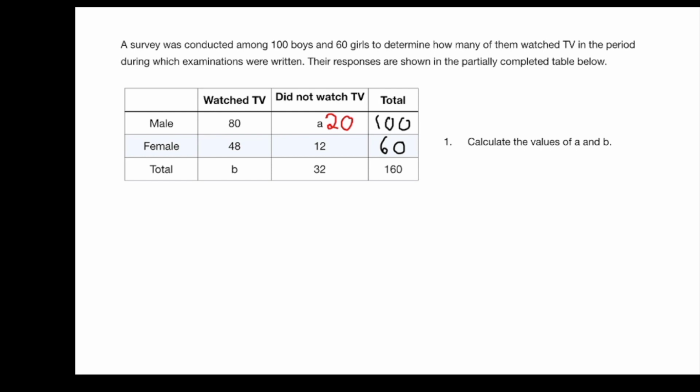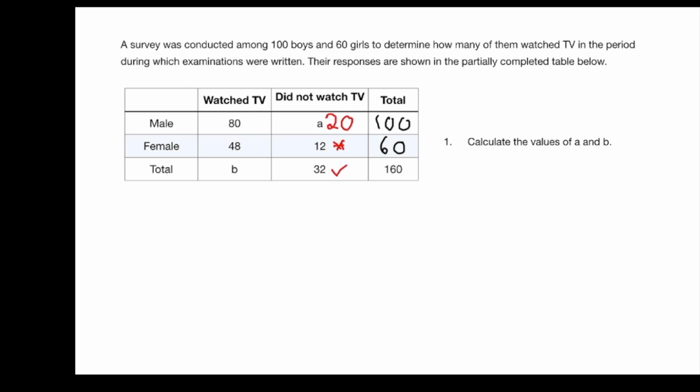You will notice you can get the same 20 if you take the total number of learners who did not watch television, that is 32, and subtract the number of females who did not watch, which is 12. That will still give you 20 because A is the number of boys who did not watch television.